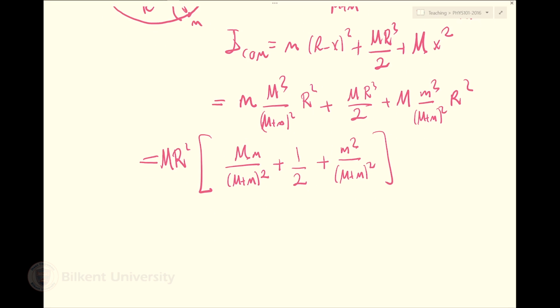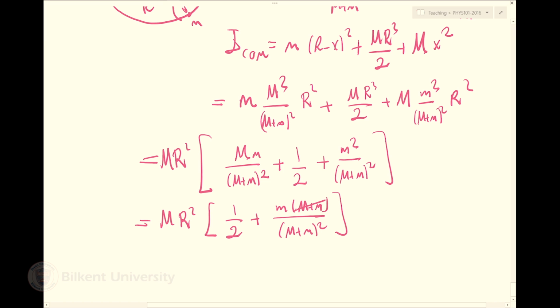Let me play around with it a little bit more. I have 1/2 plus small m plus small m divided by m plus M squared. So one power of that cancels. And that is M r squared times M plus 2 small m divided by 2 times m plus M.